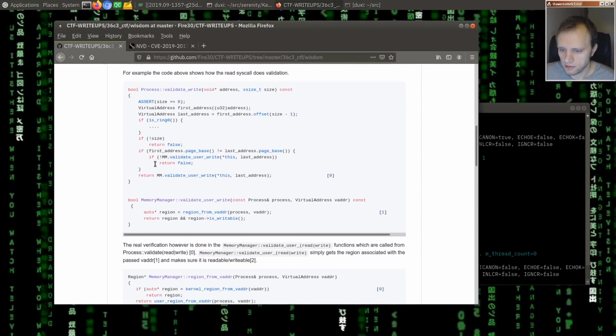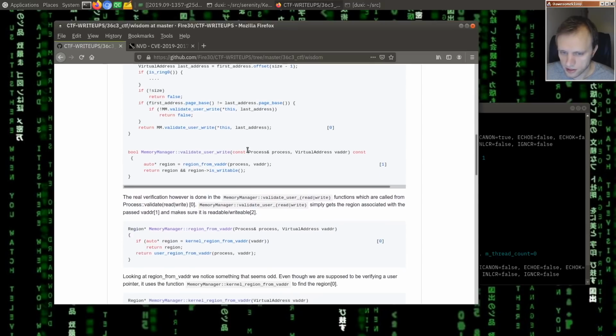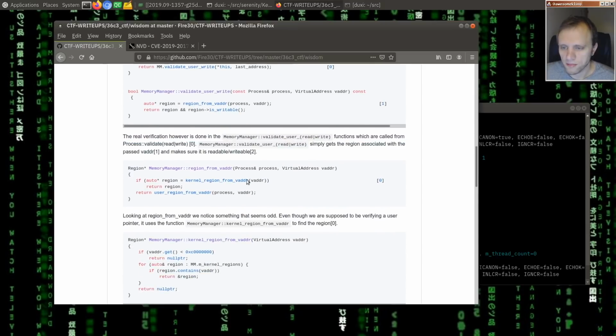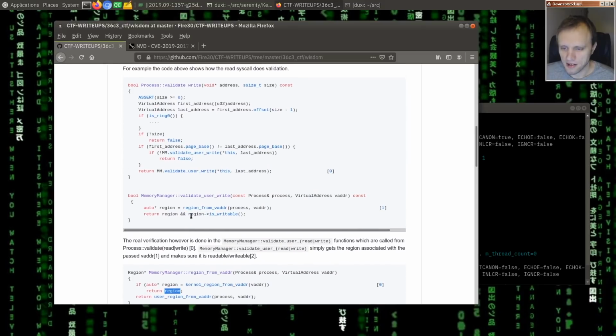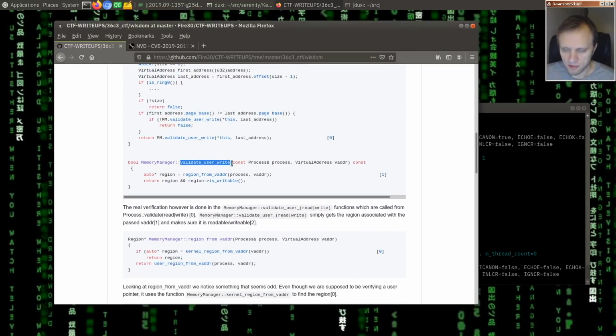What he figures out eventually is that the way we validate, we end up calling this function here, region from virtual address. The first thing we do here is check if there is a kernel region for this virtual address. If so, we return that region. This is used by validate user write.